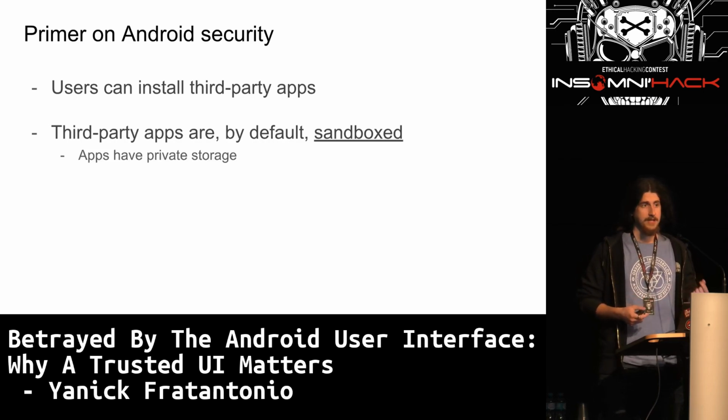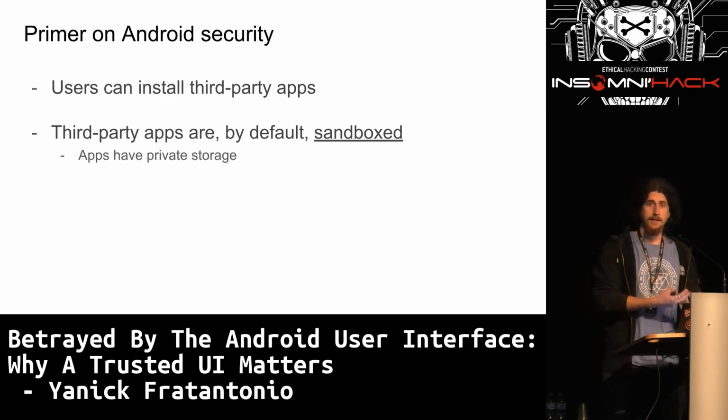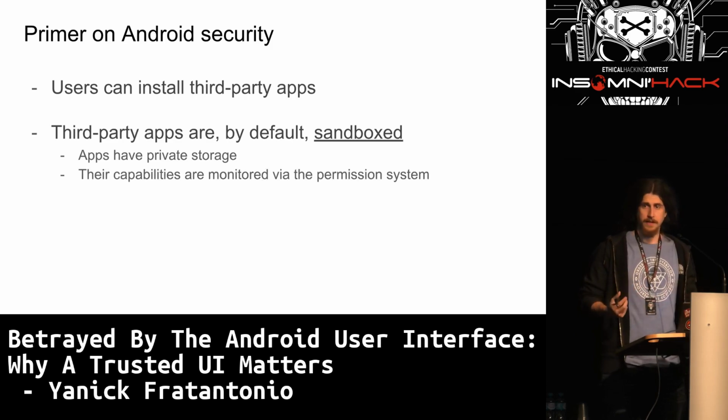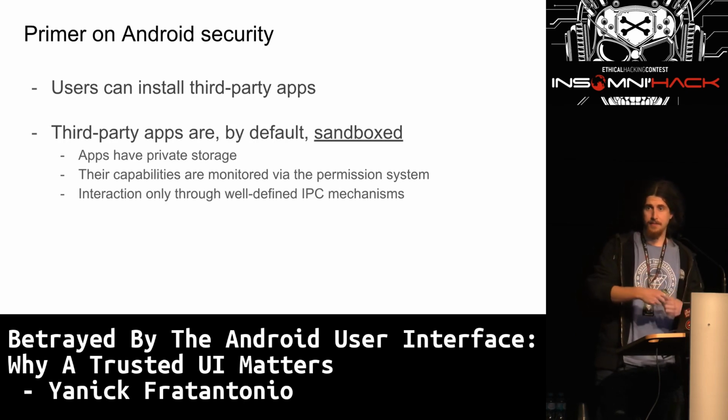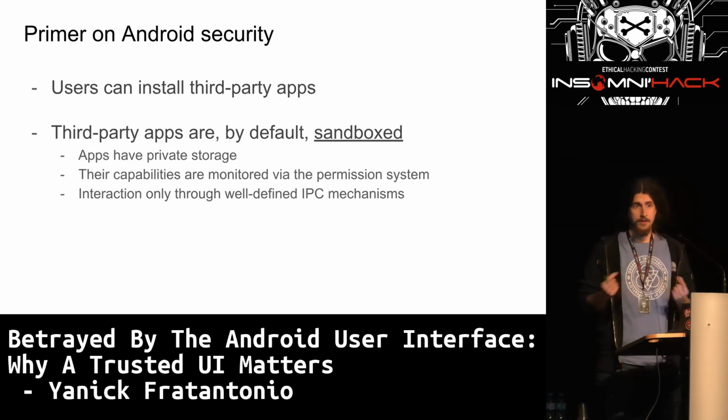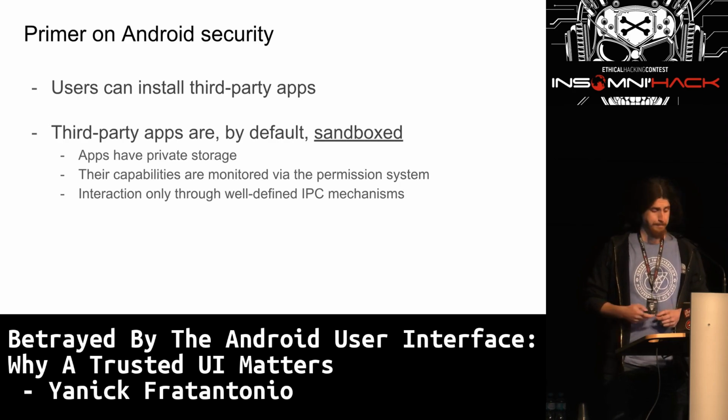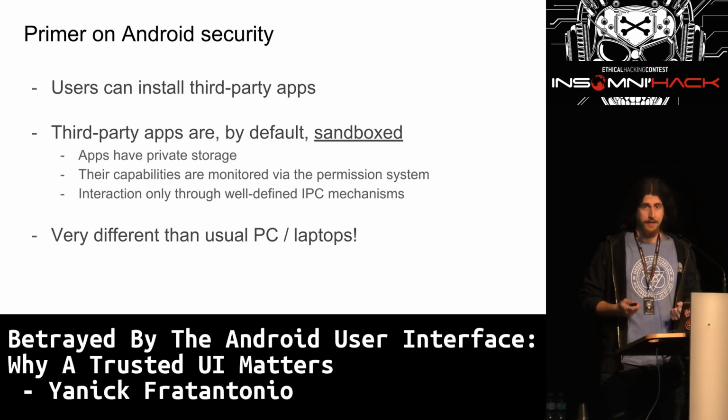For example, each app has private storage, so if you install a malicious app, this malicious app cannot steal your private messages on WhatsApp. Or, there is the permission system. You need to ask for permissions to do specific things. And if you want to communicate with the system or other applications, there are well-defined mechanisms so that this communication can happen.